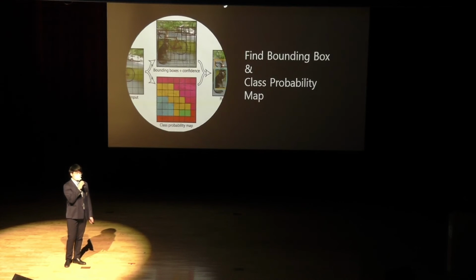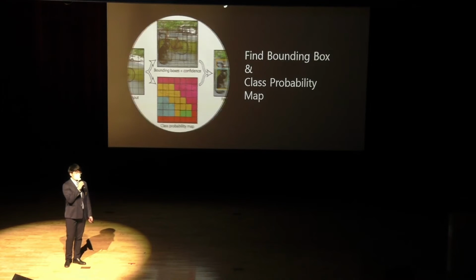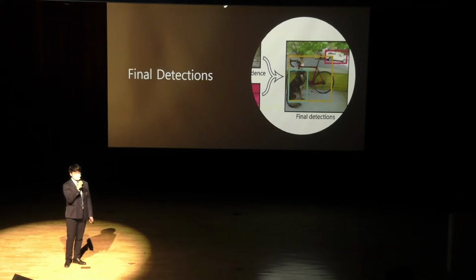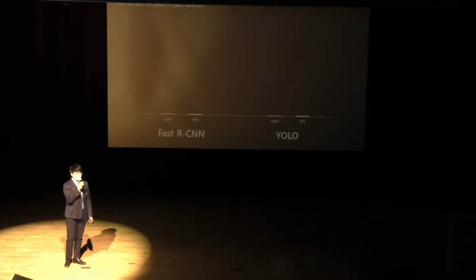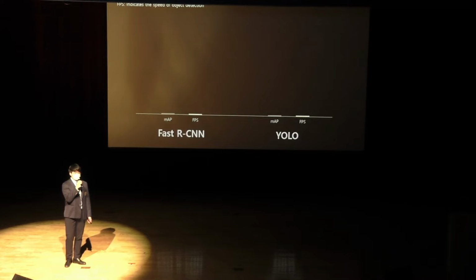When you put the processed image into YOLO algorithm, we can get bounding box and class property data. Finally, it creates the bounding box and class on image. YOLO algorithm is faster than RCNN algorithm because it uses a single model and scans images only once.